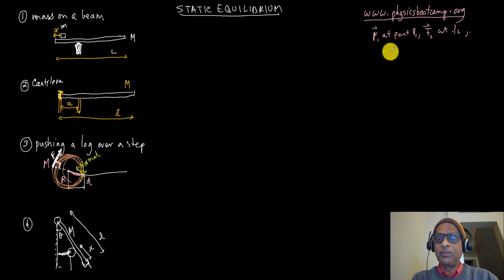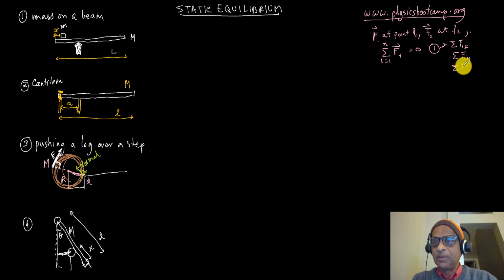That's at static equilibrium. Then clearly the sum of the forces, suppose I have n forces, the vector sum is 0. If you break this up into x, y, z components, the sum over Fi x, the sum over Fi y, and the sum over Fi z will independently be 0.